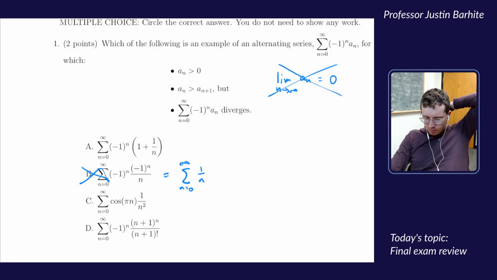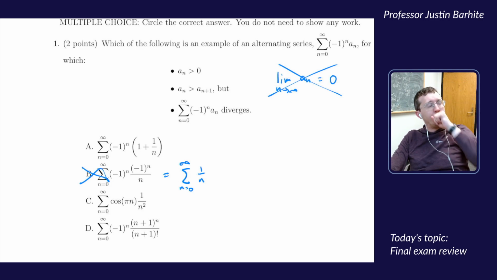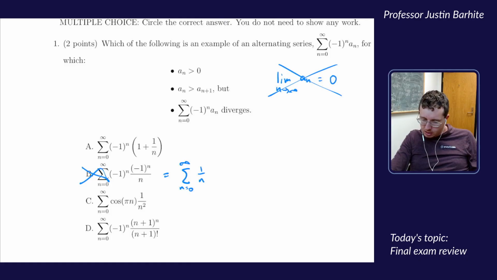So it's not C. This is positive also. So when we look at this condition next, are these series terms decreasing? They are decreasing here, and it's a little harder to say here.